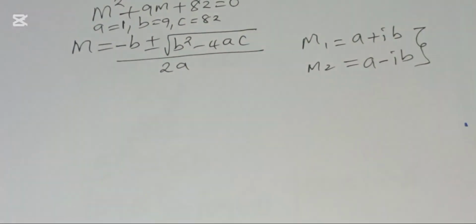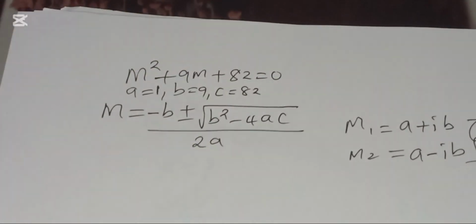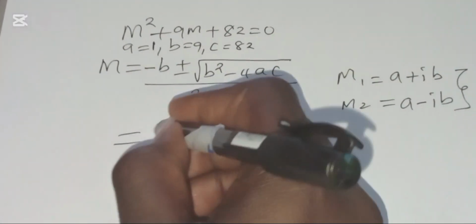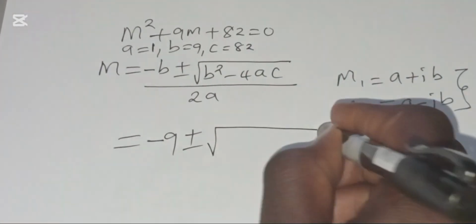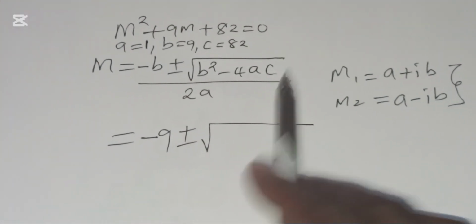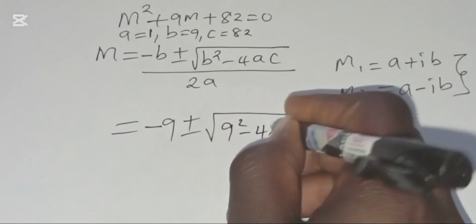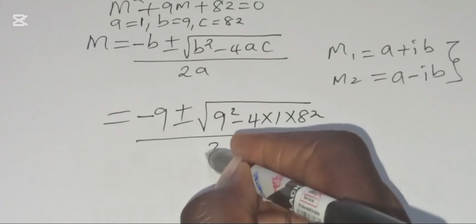Okay, now let's substitute these values of a, b, and c back into the quadratic formula, so that we're going to have negative 9 plus or minus the square root of b squared minus 4ac. This is the same thing as 9 squared subtract 4 times 1 times 82, divide everything by 2.